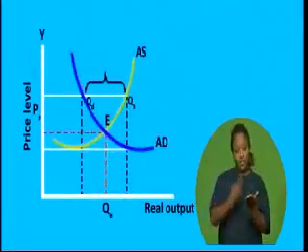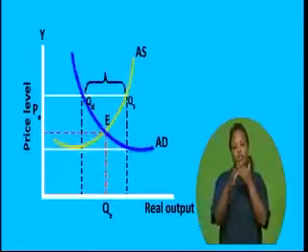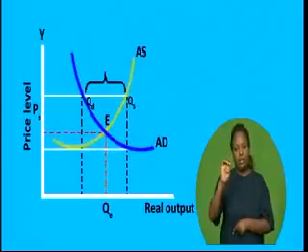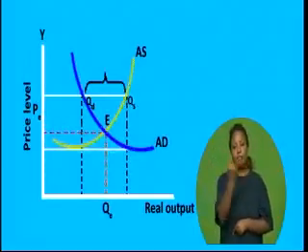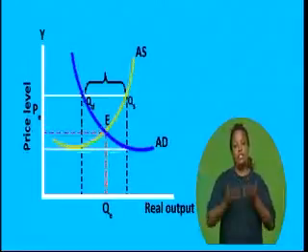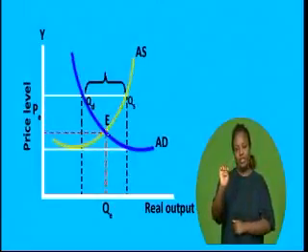As is evident from the diagram, the equilibrium price level and real output correspond to PE and QE respectively, where aggregate demand and aggregate supply curves intersect at point E.